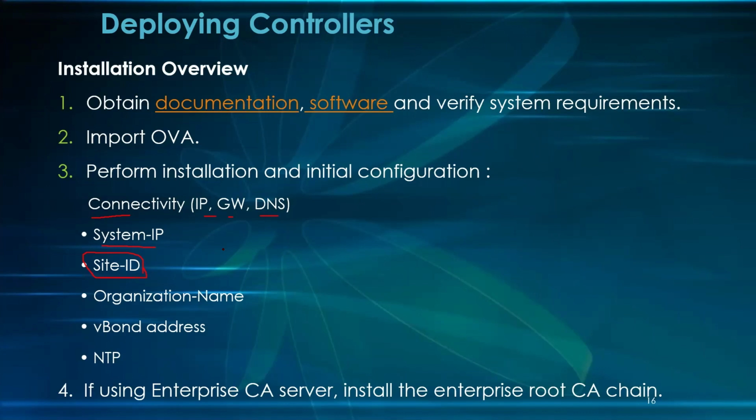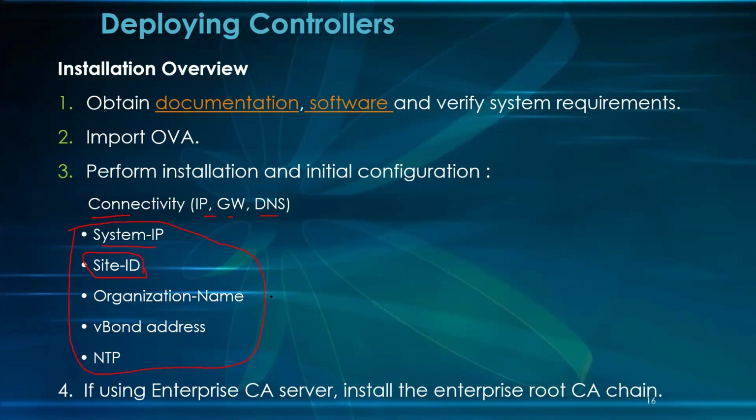Similarly here, under system, you give the system IP address, for example 10.98.21.1. As soon as you give it, your process will start. If you do not give it, your control connection will never come up. So these are the few important pieces of information which have to be there.